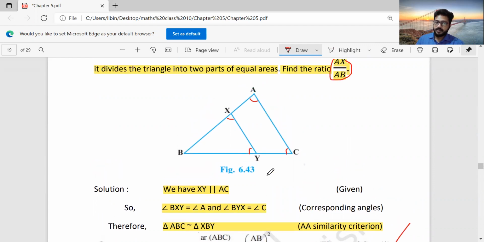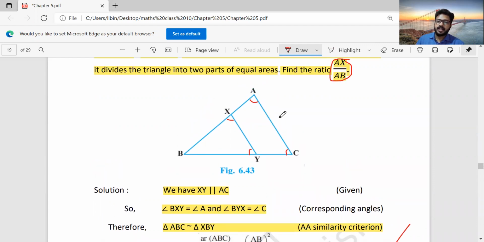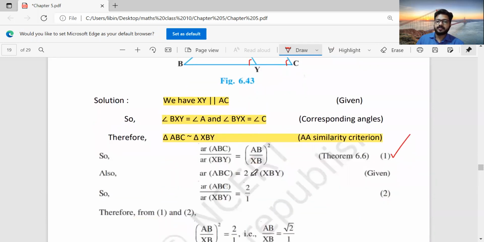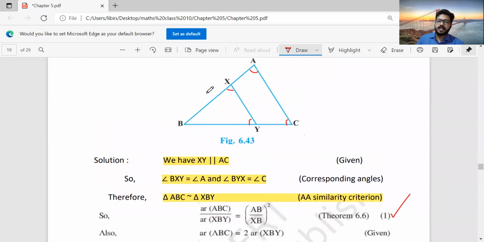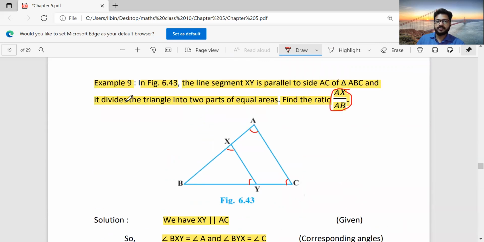Now you are given that area of triangle ABC is equal to 2 times area of triangle XBY. How are we saying so? Because the line XY divides the area of the triangle equally. It is given in the question. It divides the triangle into two equal parts.